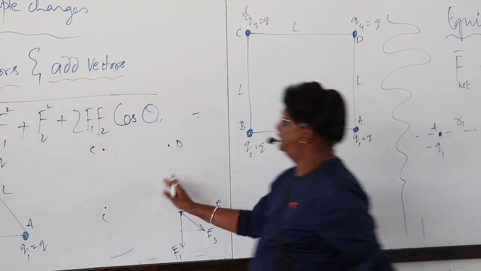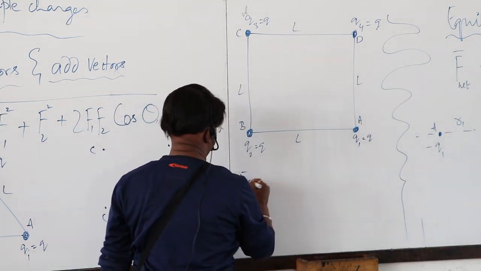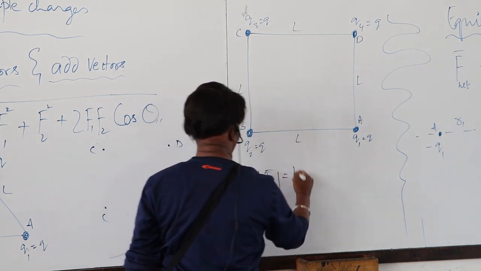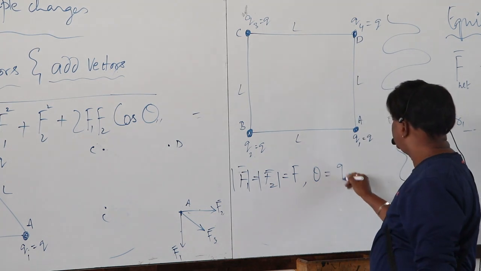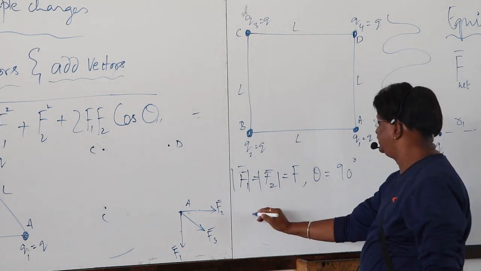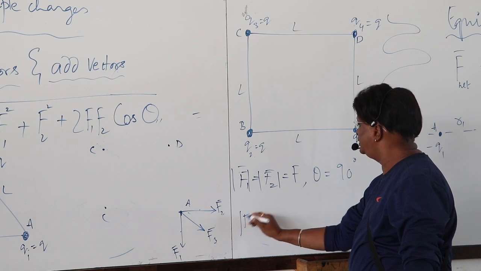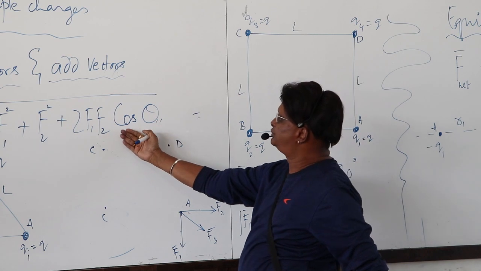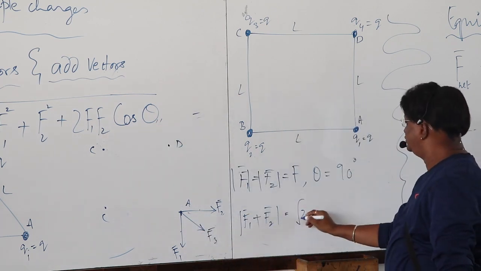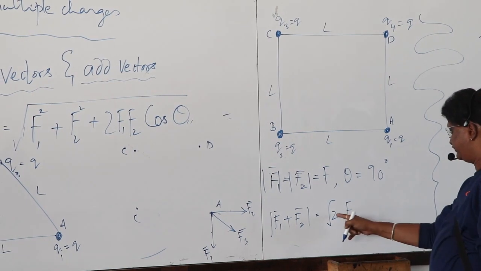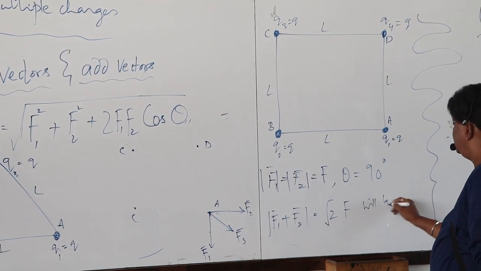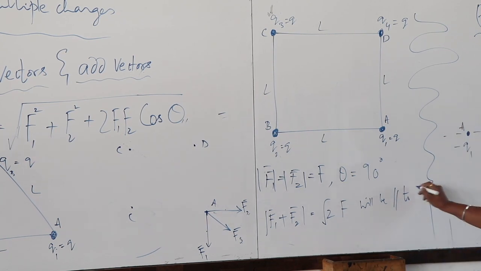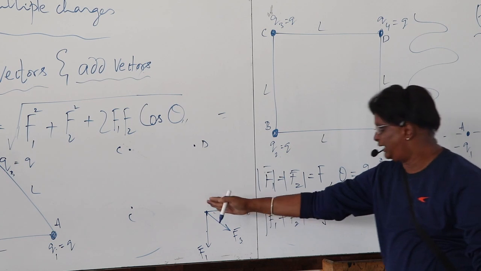Therefore, as you can see, we can write mod F1 bar is equal to mod F2 bar, magnitudes same, and theta is equal to 90 degrees. Therefore the resultant of F1 bar plus F2 bar, using this simple formula, you will get as root 2 F, and this root 2 F will be parallel to F3 bar.